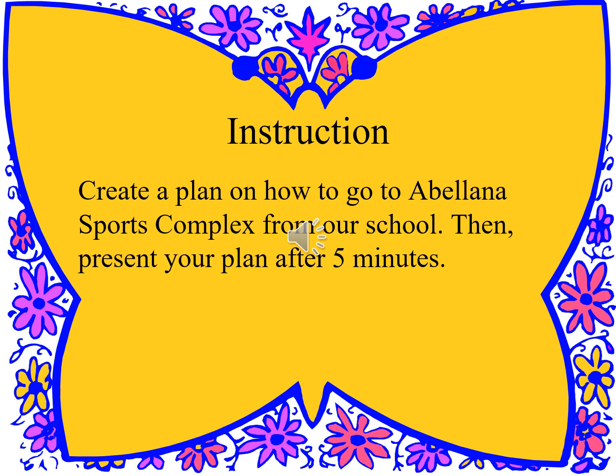So what you're going to do is to create a plan or write down a route that you will take if you are going to Abiliana from our school. So you have to specify the streets that you're going to take in going to Abiliana Sports Complex. Now you are going to work with your group mates, and your time starts now.